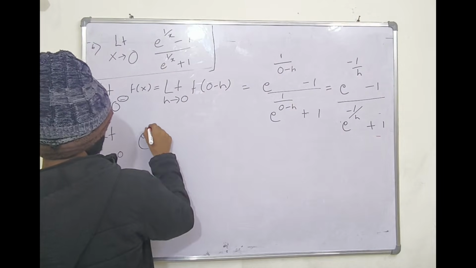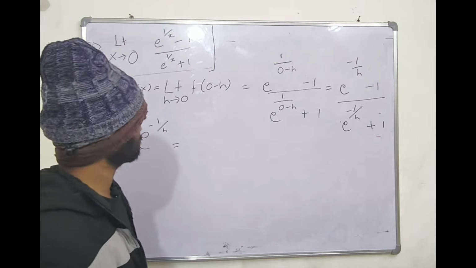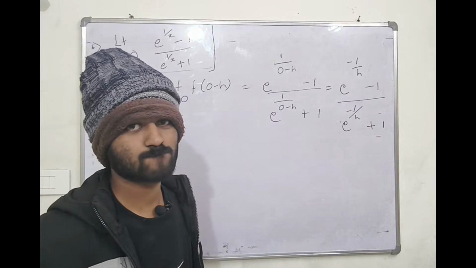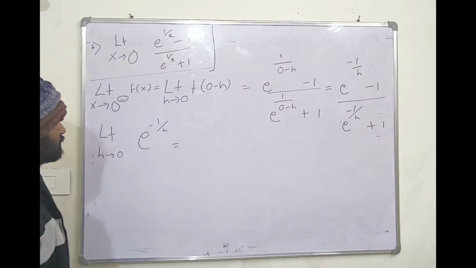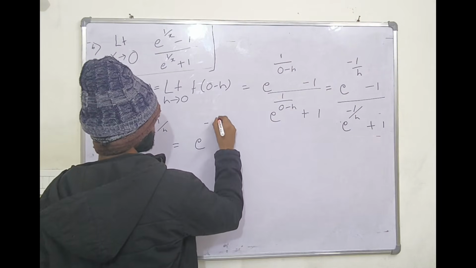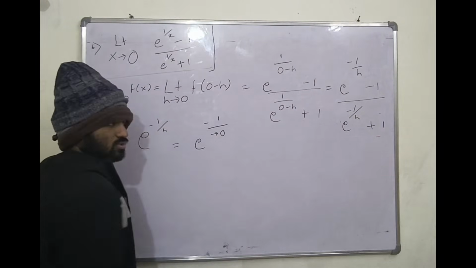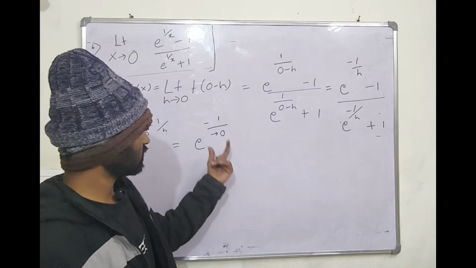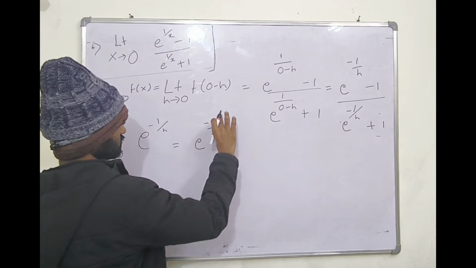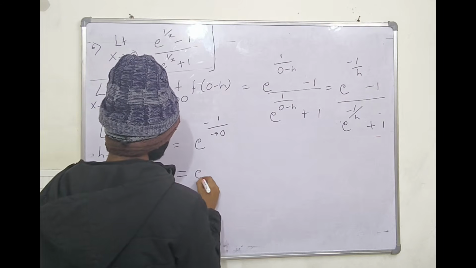Tell me, as h tends to 0, what is the value of e power minus 1 by h? You don't know? Okay, I will say. Minus 1 by h, with h tending to 0, will tend to minus infinity. So it is e power minus infinity.